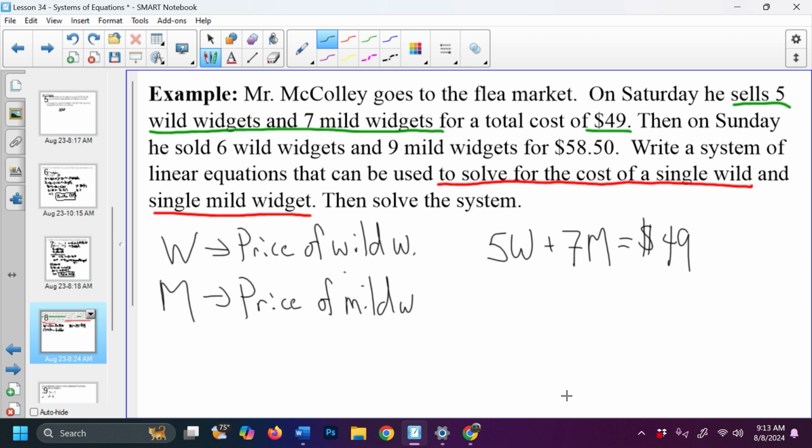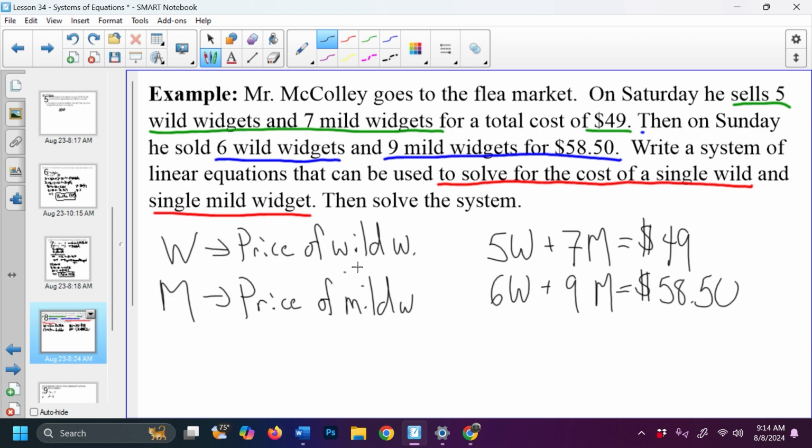And then my second equation: I sold 6 wild widgets and 9 mild widgets for $58.50. So the question asks us to write a system of linear equations that can be used to solve for a single wild widget and a single mild widget.